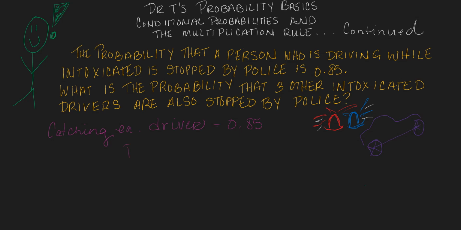So the probability that we're going to work is the probability that 3 drivers who are driving under the influence or driving while intoxicated are caught by police. And we know that catching each driver has 0.85 probability, and there's 3.